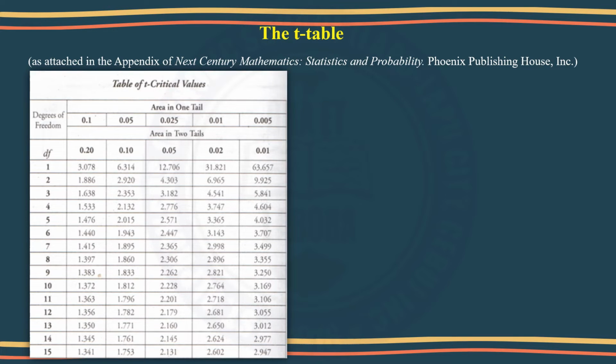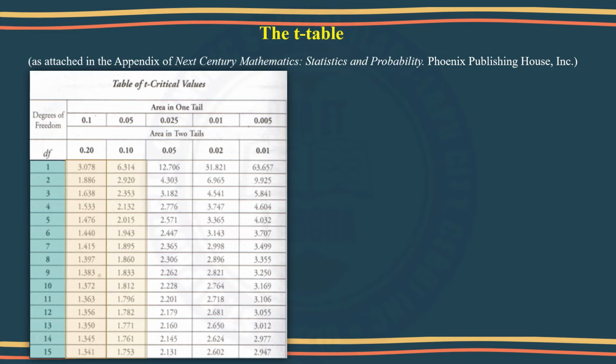So this is the t-table. This will be our guide to identify the critical values of the area of the tails in the t-distribution. The first column is considered as the degrees of freedom. They are an integral part of inferential statistical analysis, which estimates or makes inferences about population parameters based on the sample data.